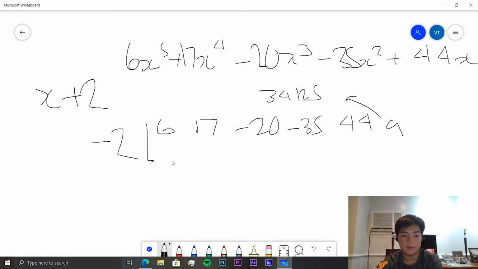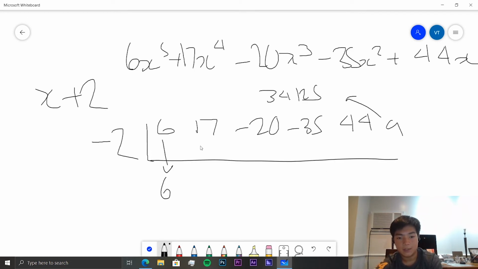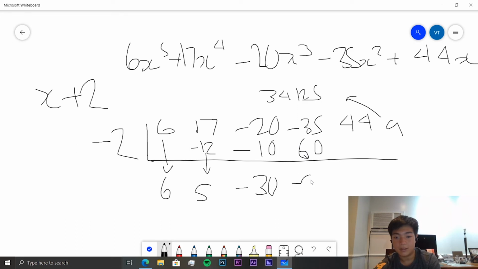So we have 6, that's fine. 6 times negative 2, negative 12. 17 minus 12 is 5. 5 times negative 2 is negative 10. Negative 20 minus 10 is negative 30. Negative 30 times negative 2, 60. 60 minus 35 is 25. 25 times negative 2 is negative 50. 44 minus 50 is negative 6. Negative 2 times 6 is negative 12.